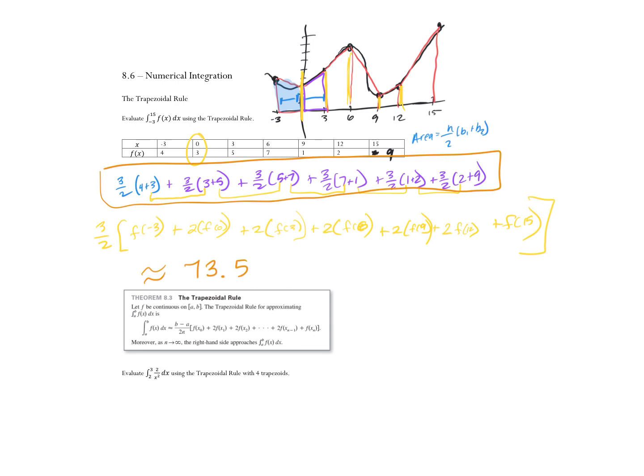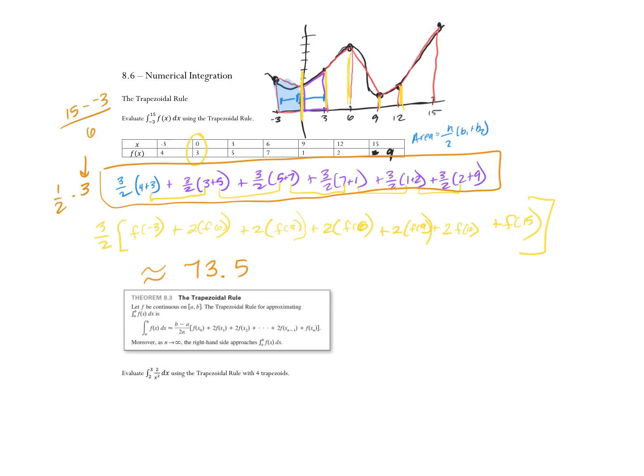So essentially, as you guys really wanted me to do, we did 1/2 times 3. Are you guys with me that 3, why 3? Well, that was because the width of each trapezoid was 3. Okay? And the way we could have gotten that is we would have said, well, we're doing 15 minus negative 3. And how many total trapezoids did we have? 6.